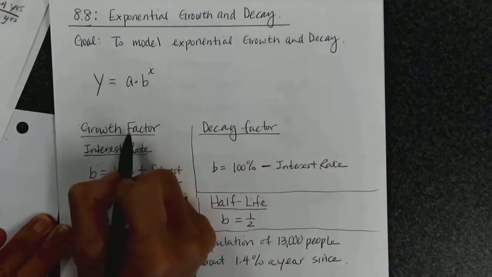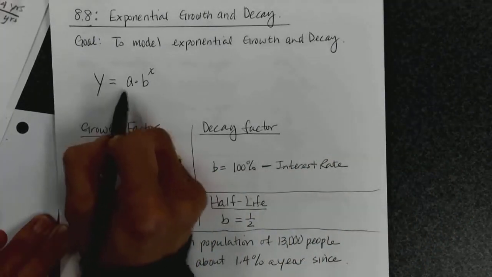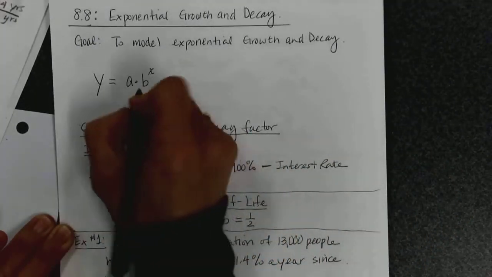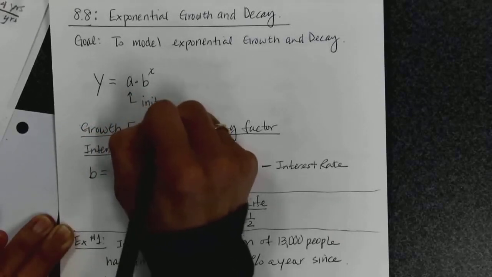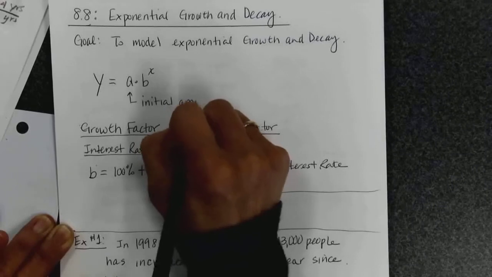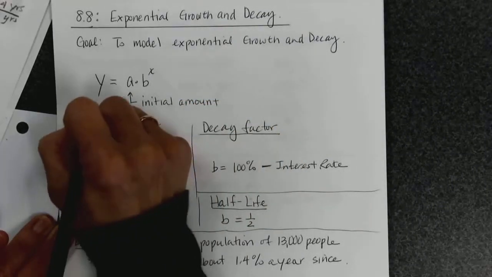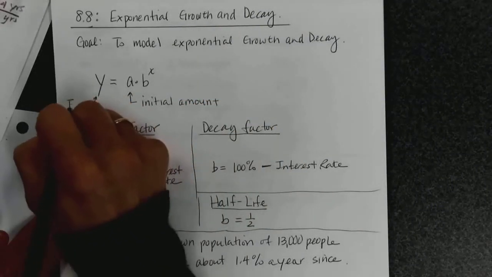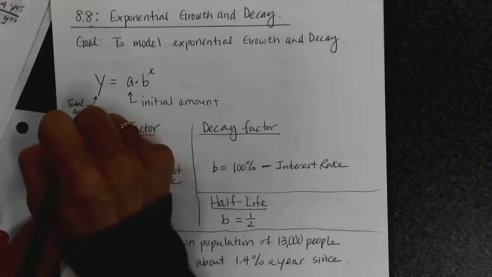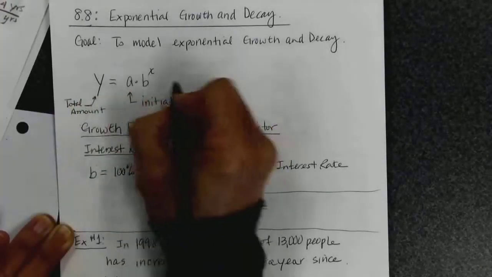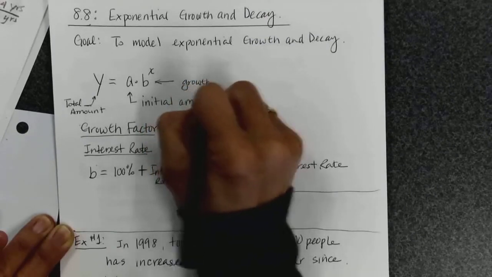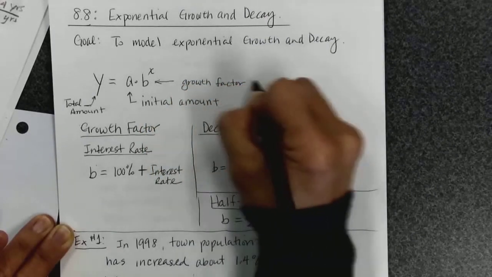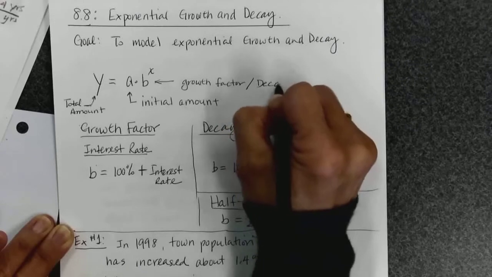So remember, the exponential function comes in the form of y equals a times b to the x, where a is our initial amount, and remember y was our total final amount, and b stood for growth factor or decay factor.